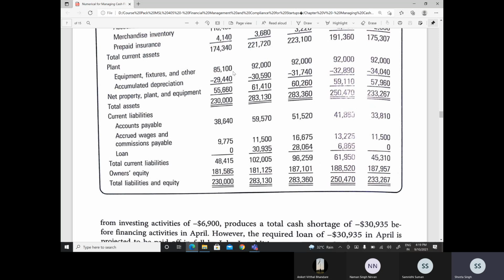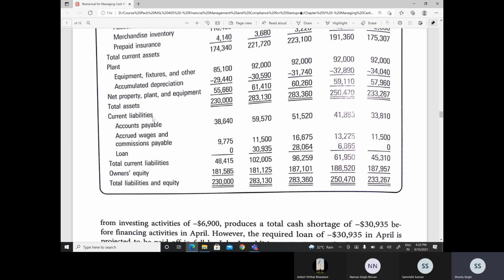The gross is 85,100, less the accumulated depreciation of minus 29,440, which gives us a net property, plant and equipment of 55,660. The total assets now become $230,000, which is the fixed assets plus the current assets.